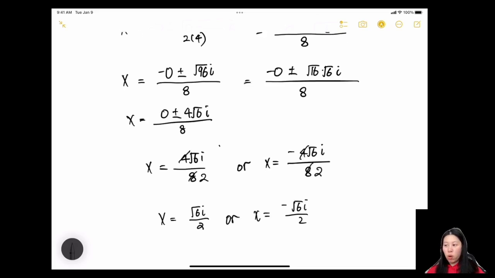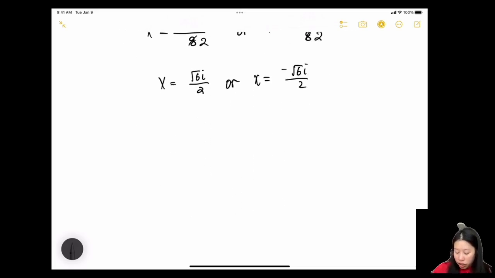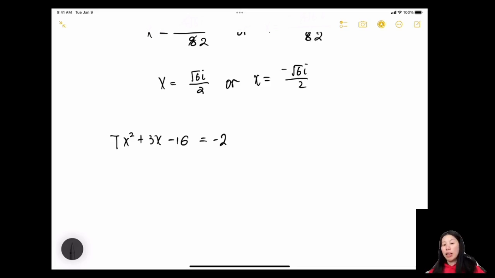Okay, so what if we see something like 7x squared plus 3x minus 16 equals negative 2? How do you identify which one is a, b, and c? First of all, you need to set the equation equal to 0.